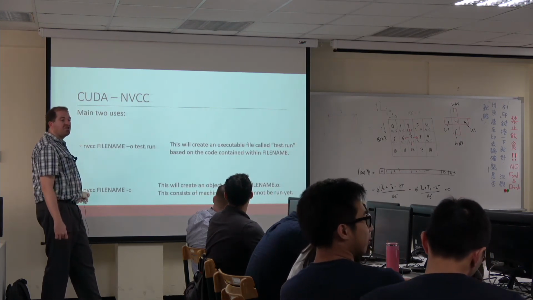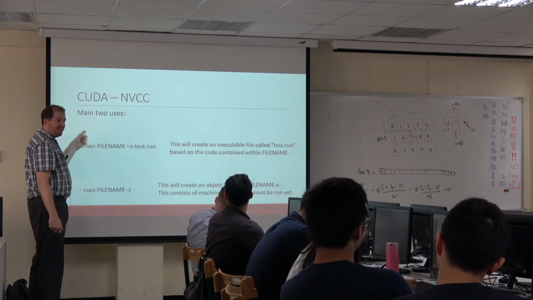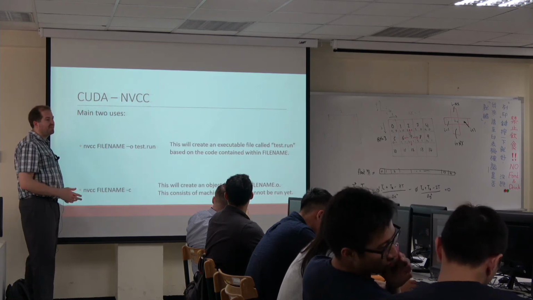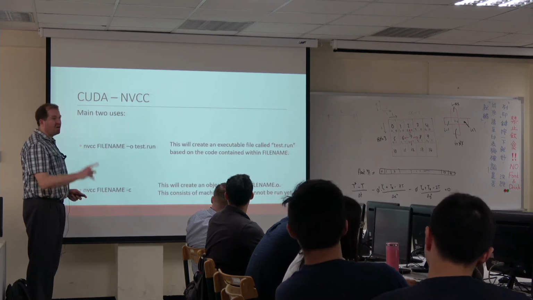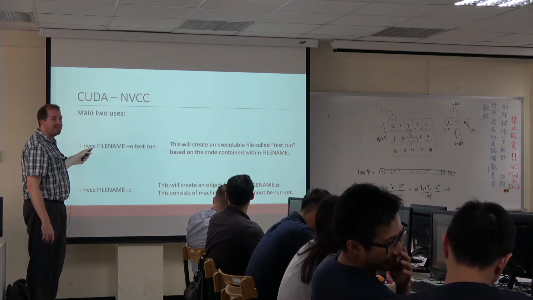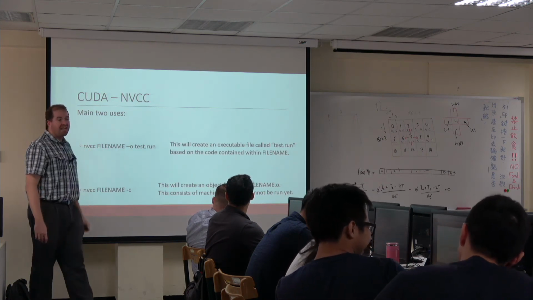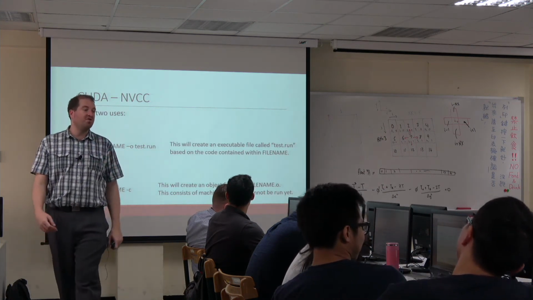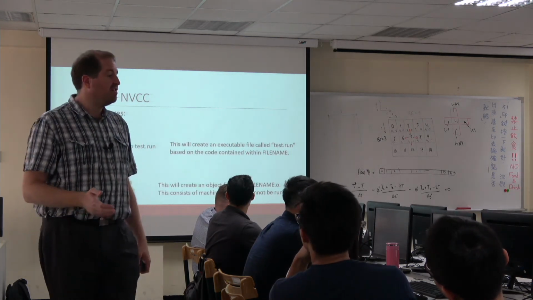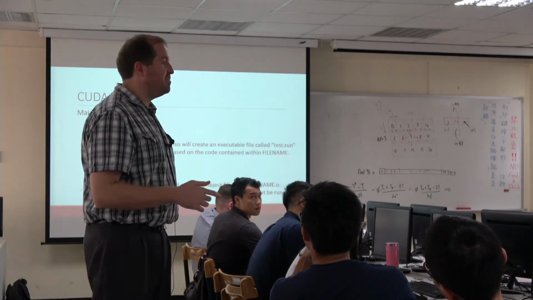Here, we're just compiling. Which one do you think I'm going to ask you to do? Today, I'll give you a one-time special. I'll let you get away with doing this at the beginning. But, like I said, NVCC is a program for compiling GPU applications. It is not a compiler for building CPU applications.